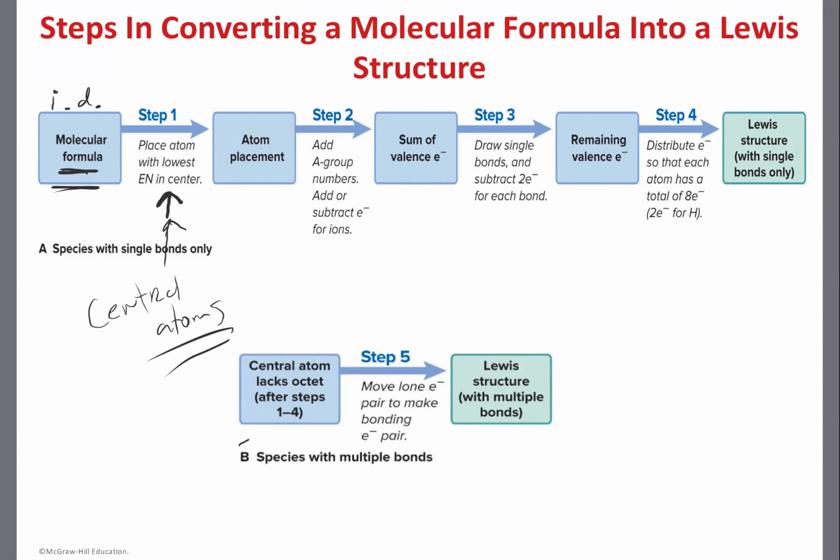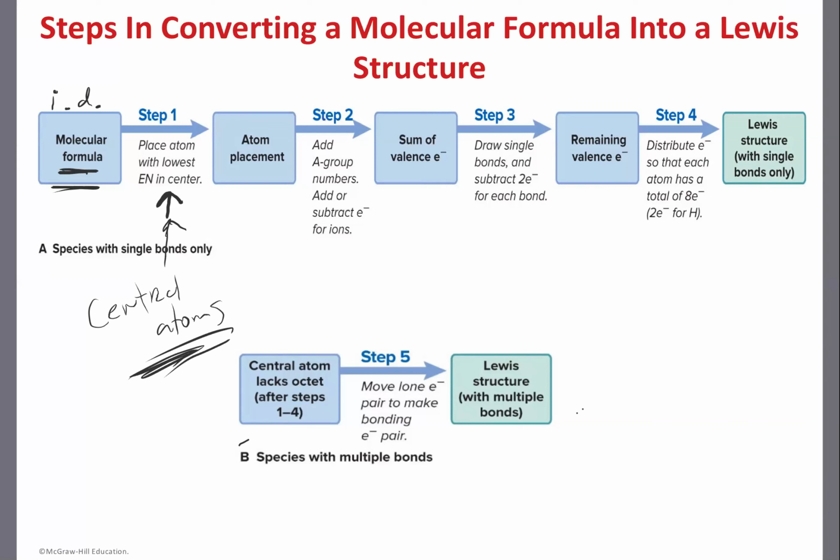Certain elements like to be in the center, and other elements never do. A central atom is basically the one in the middle that's bonded to multiple different atoms. Identifying a central atom is pretty important, because once we start to talk about geometry with the VSEPR model, the geometry of the molecule is going to be described by the geometry around these central atoms. So we have to identify them.